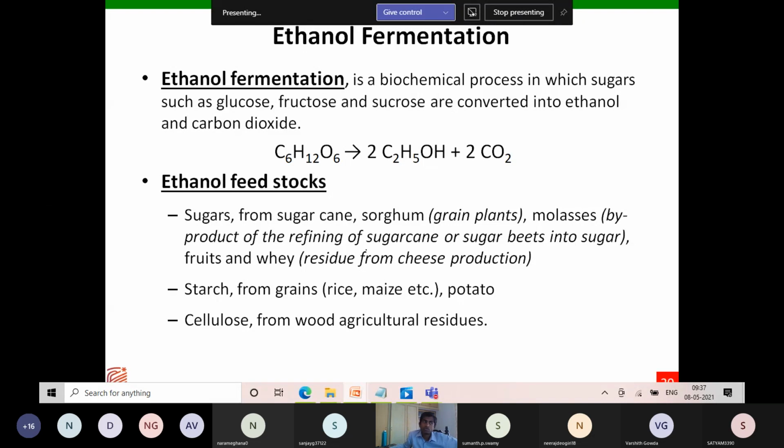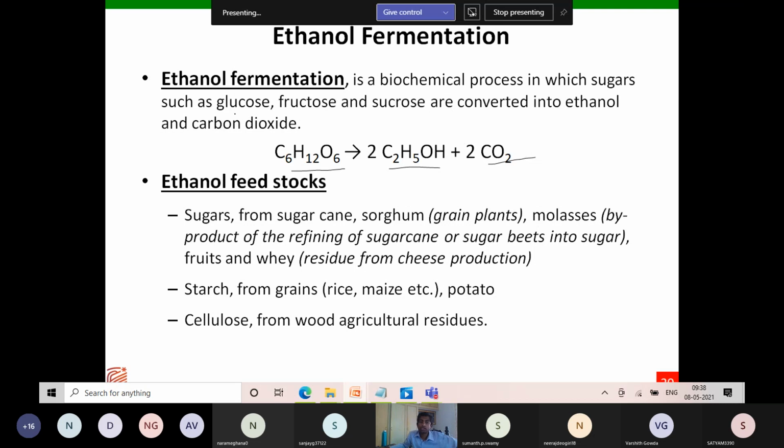And also we use some grains, potato, starch, wood, cellulose, etc. as the raw material or feedstock. The chemical process equation in the production of ethanol by fermentation is this: the glucose here is converted into ethyl alcohol and carbon dioxide.